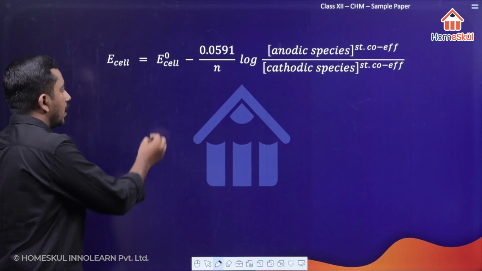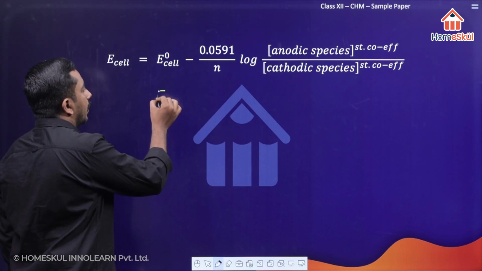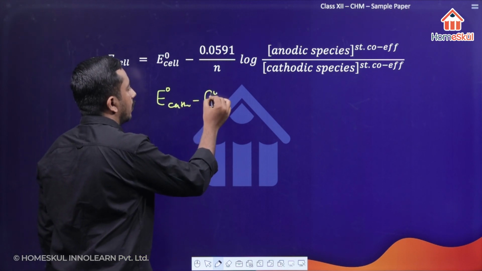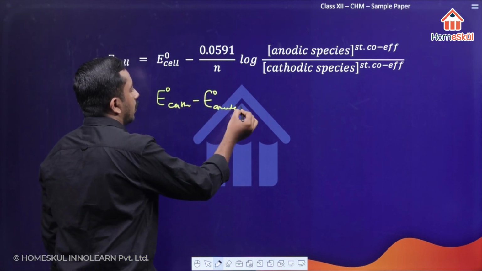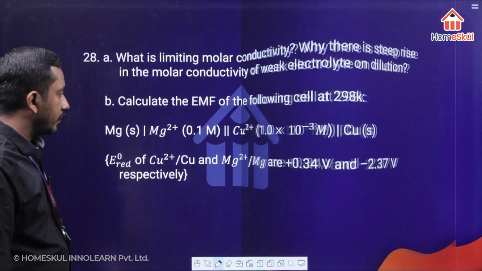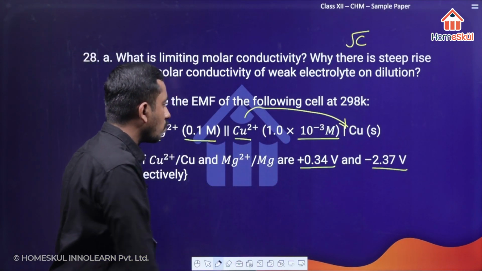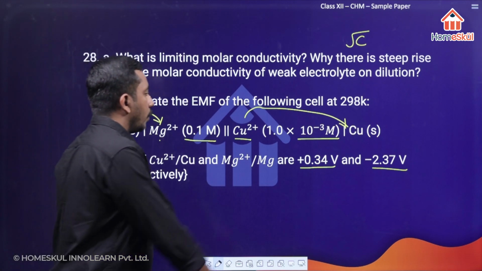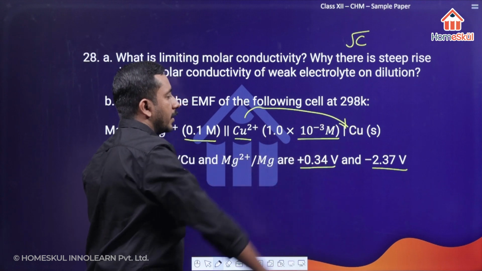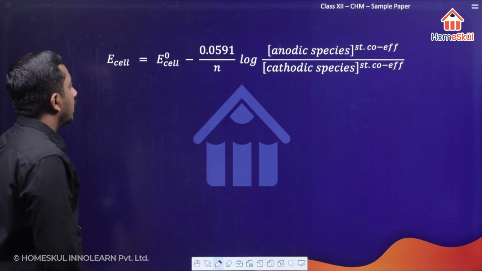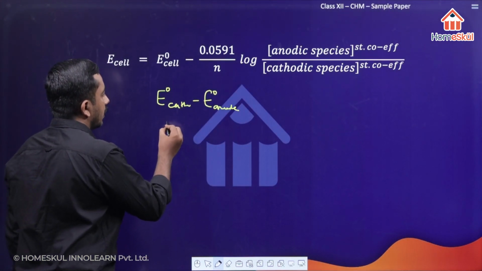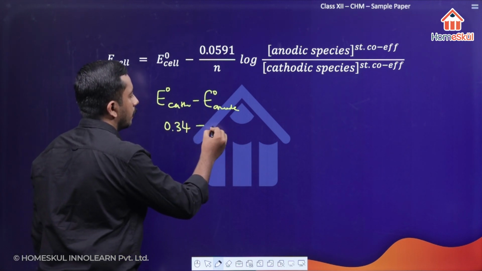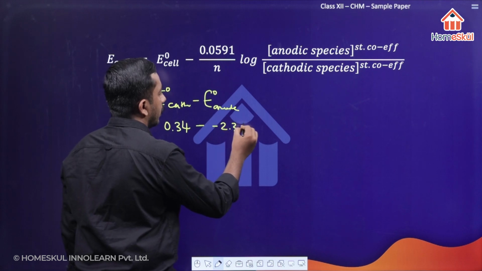To find E0 cell, we have to do the potential of cathode minus anode. That will be 0.34 minus of minus 2.37.